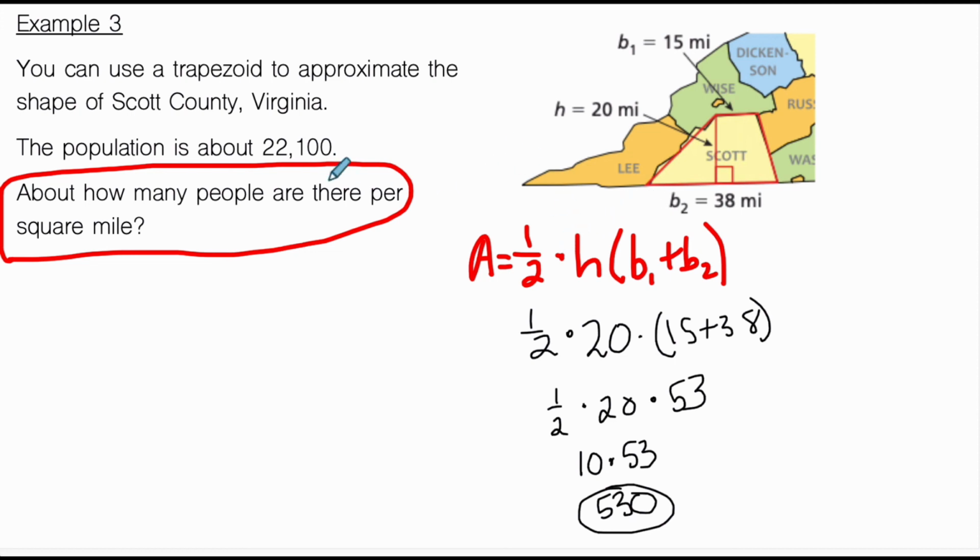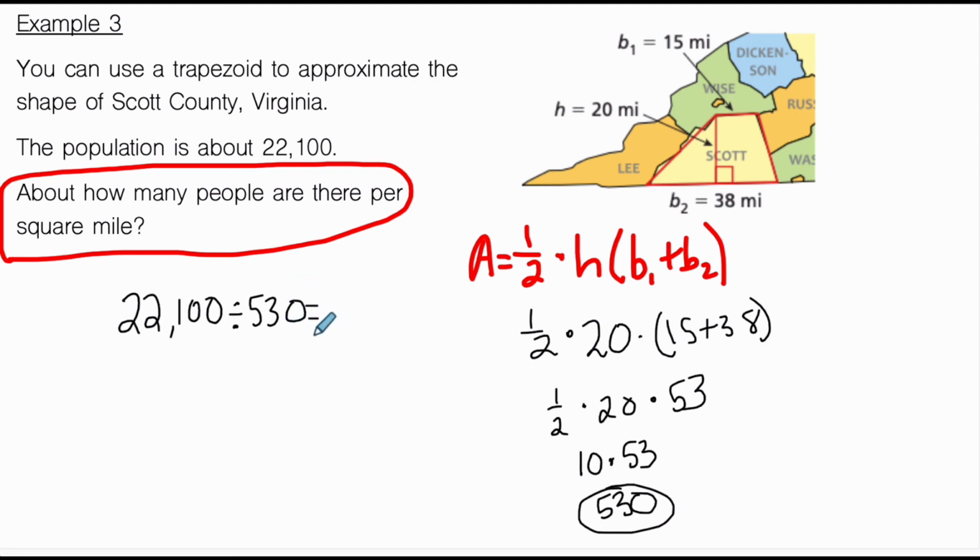If I want to find out how many people live in every mile, I'm going to take 22,100 and divide that into groups of 530. So then I'm going to know how many people are in every 1 mile. Taking the people and dividing that into 530 square miles.